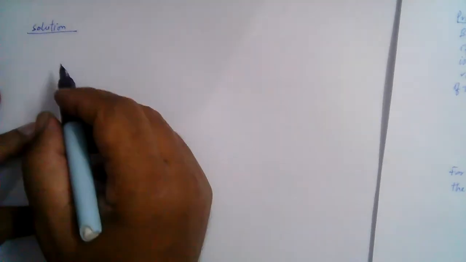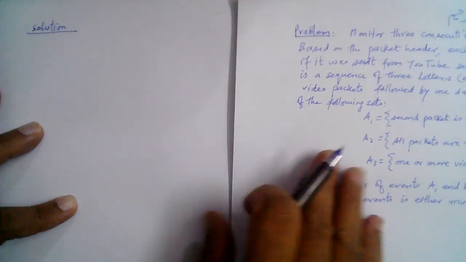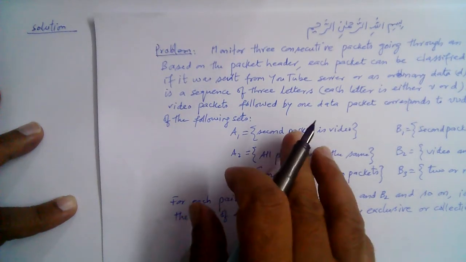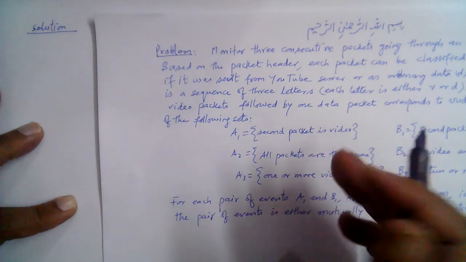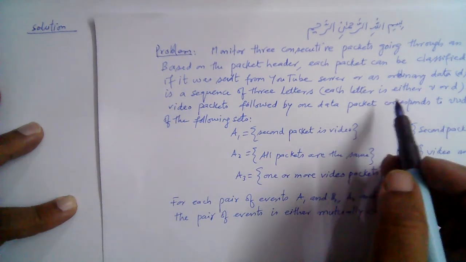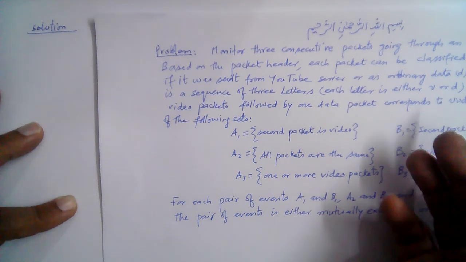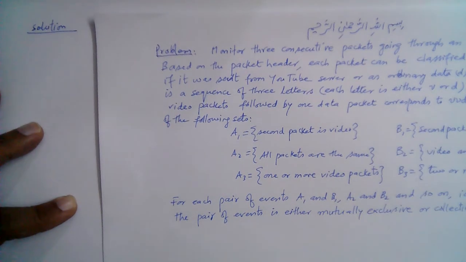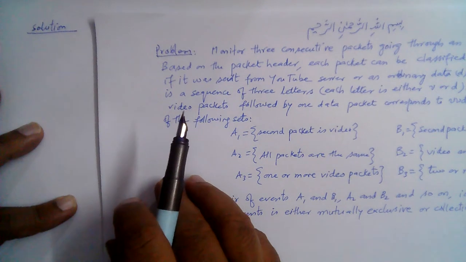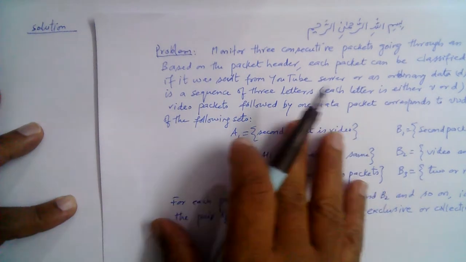So there are 3 elements of each outcome, and each letter can be either V or D. We can actually denote them with either 0 or 1. So if you know combinations of 0 or 1 for 3 places, we can write the sample space.